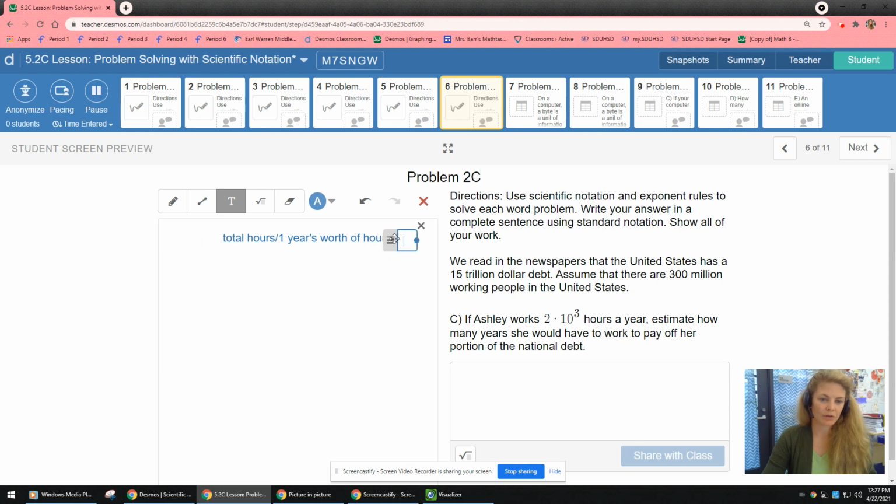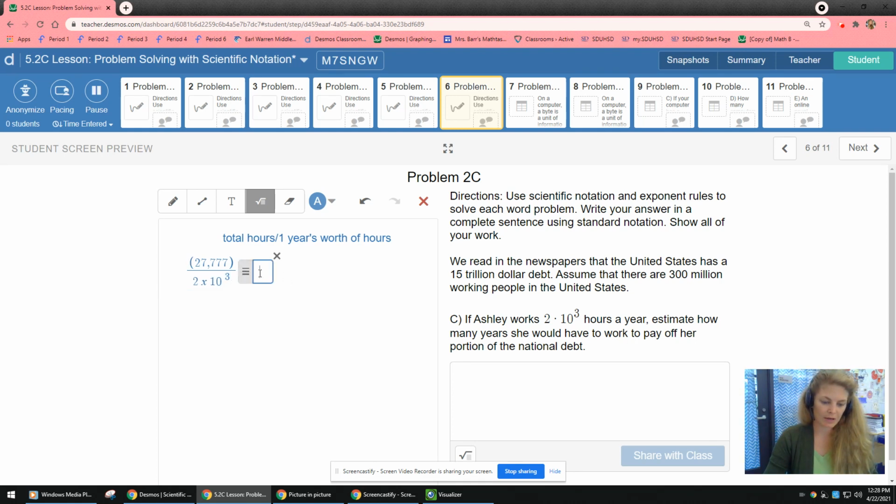So what are we going to have here? What we're going to have is 27,777. If we write that in scientific notation, we're going to take 27,777 and divide that by the hours she works in a year, which they told us was 2 times 10 to the third power.